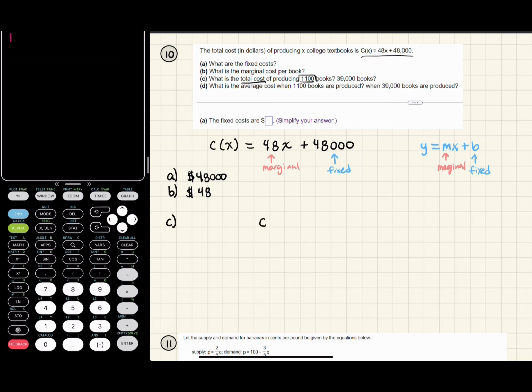So I'll do my work over here. Total cost equals 48 times x, but x in this case is going to be 1100. And we can type that in our calculator. 48 parentheses 1100 plus 48,000 gives us a total cost of 100,800.